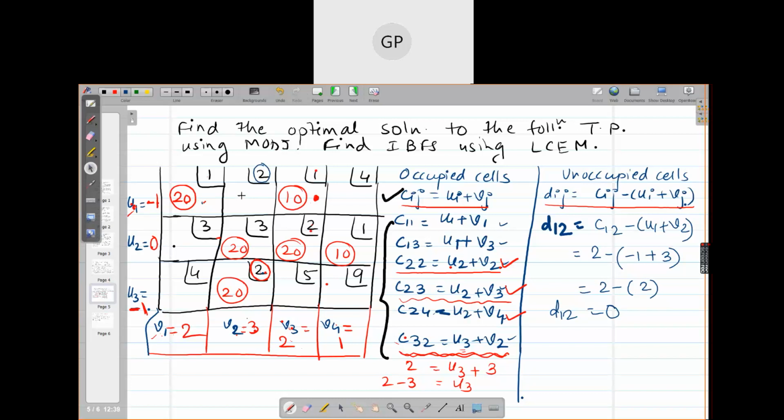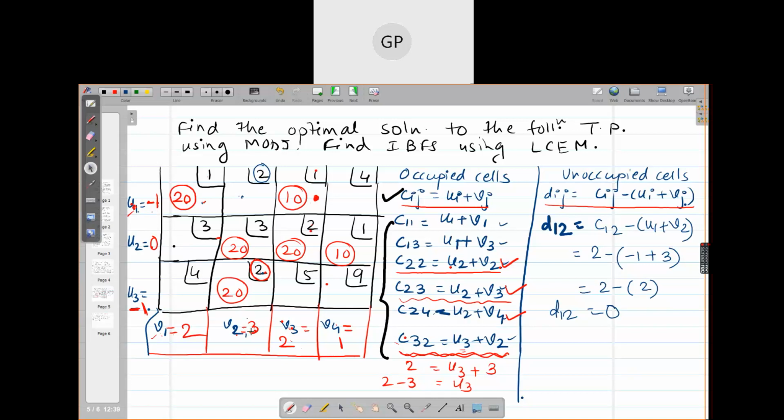So this belongs to which row? Can you see my cursor? First row. Which variable is in the first row? U1. So go to U1, that is minus 1. Go to the column below, the value is 3. Add them: 3 minus 1.